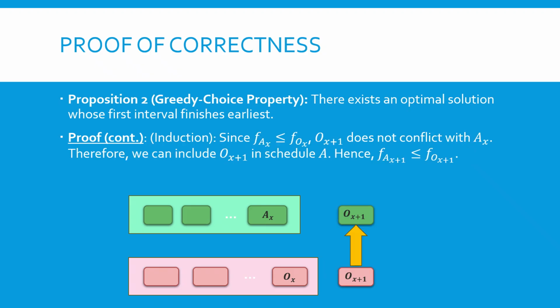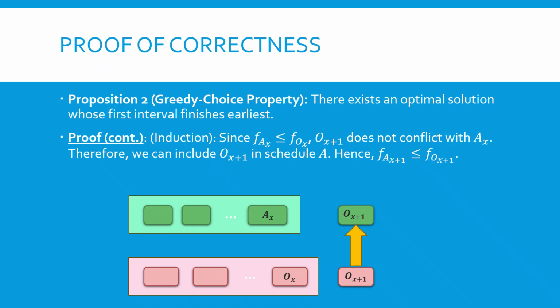To extend the hypothesis to index x plus 1, first recall that we have f(Ax) less than or equal to f(Ox) directly from the induction hypothesis. Since the optimal set O is feasible, the job O(x+1) must start after Ox finishes.